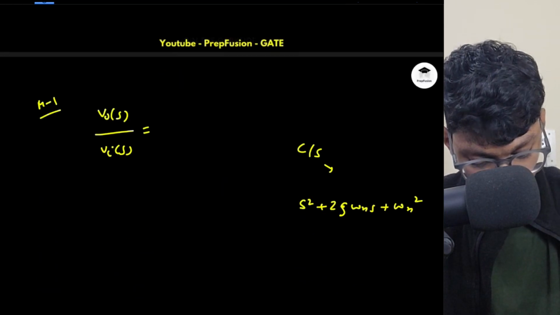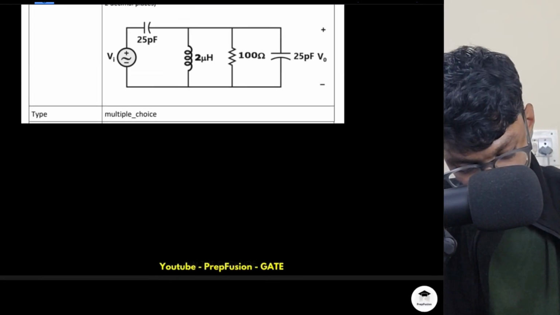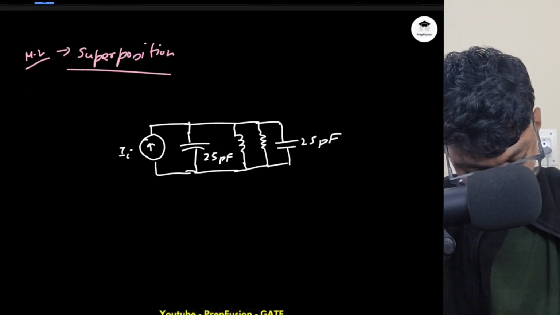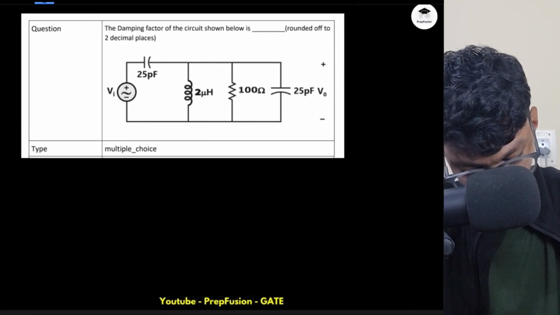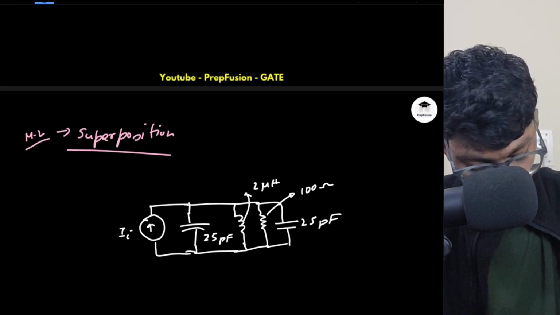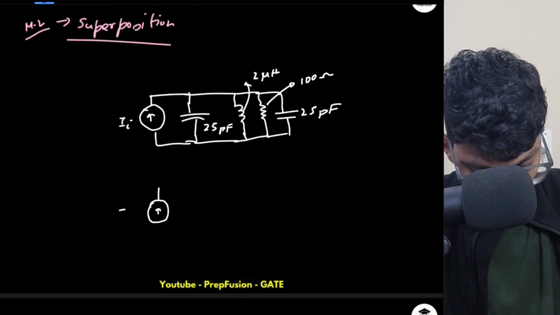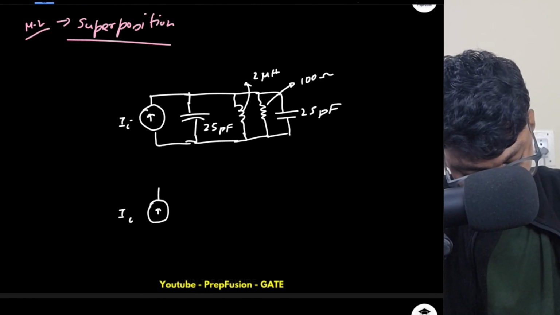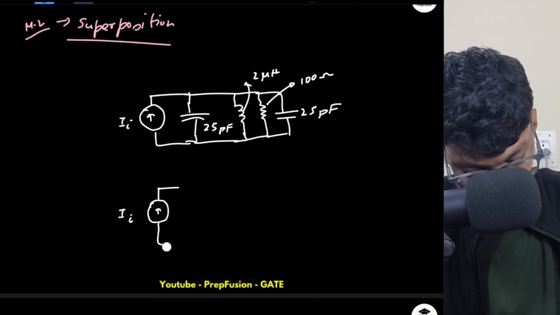So for a standard parallel RLC circuit, we know a few results. That's why I'm doing this. L is 2 microhenry, and my R is 100 ohms. For a standard parallel second order circuit, the damping factor and natural frequency don't change. They remain the same.